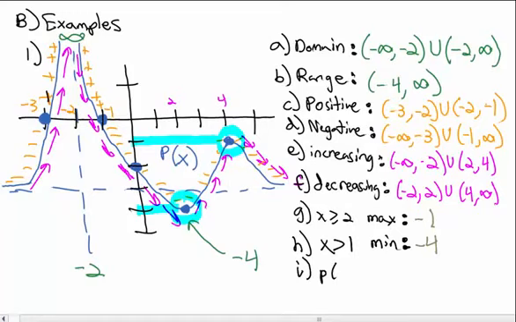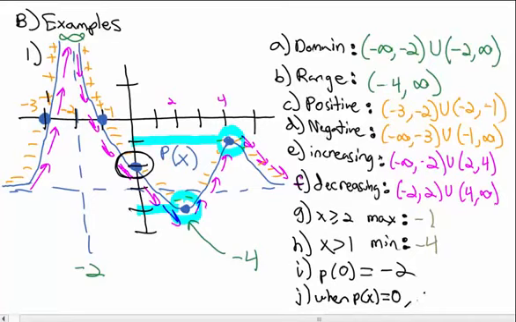How about this? What's p of 0? P of 0, 0 is talking about the x-coordinate there, the input. We're looking for the output. So when x is 0, y is -2. This is a very different question than asking when p of x equals 0, x is equal to.